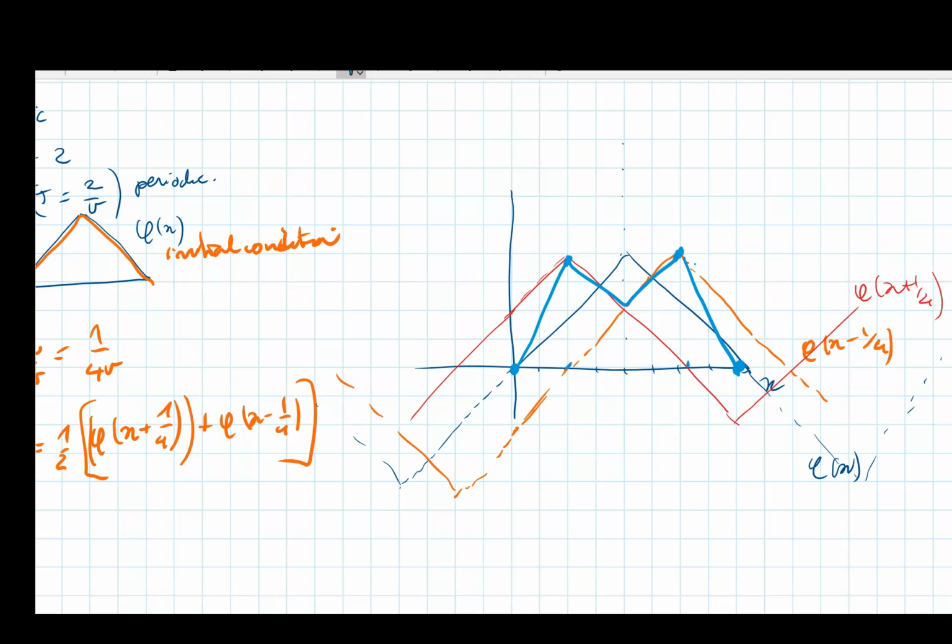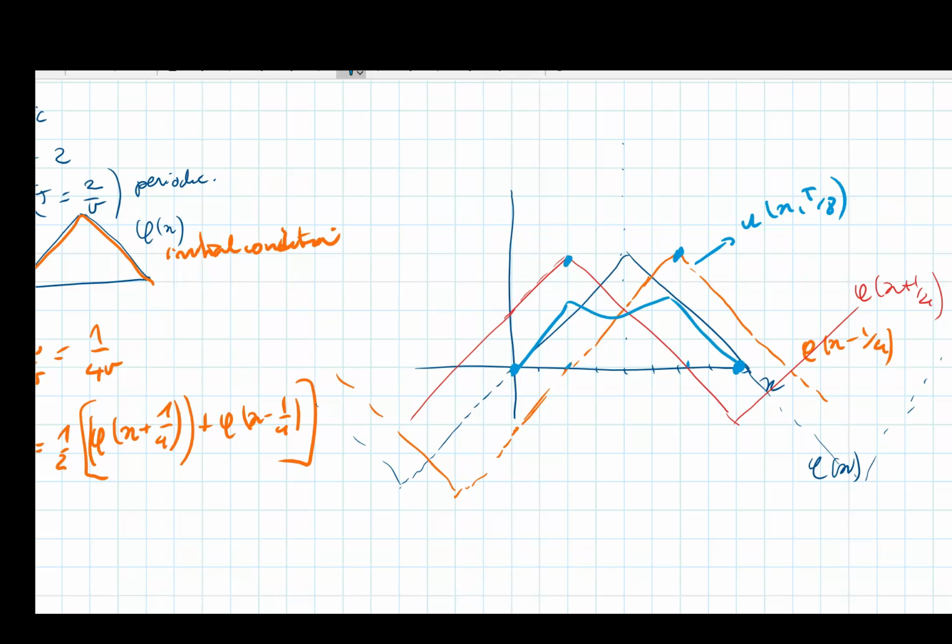That's my solution u of x, T over 8. Sorry, as I'm doing the average of the two, it will probably be something like this.